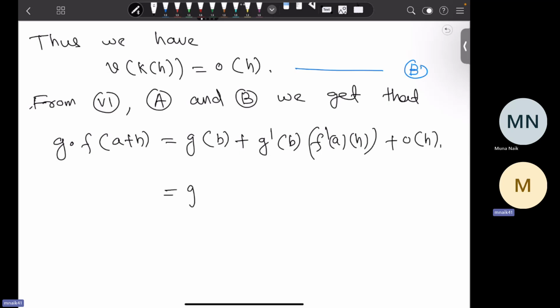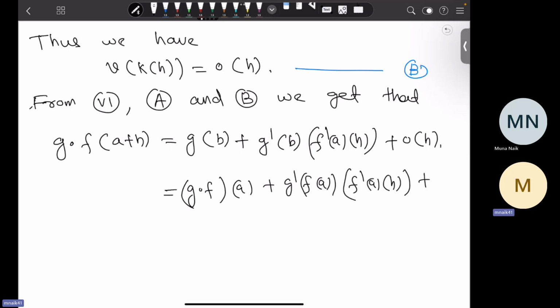So this is nothing but G composition f of a plus G prime of f of a, f prime of a of h, plus little o of h.